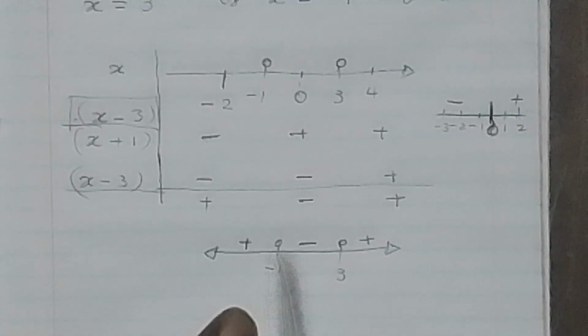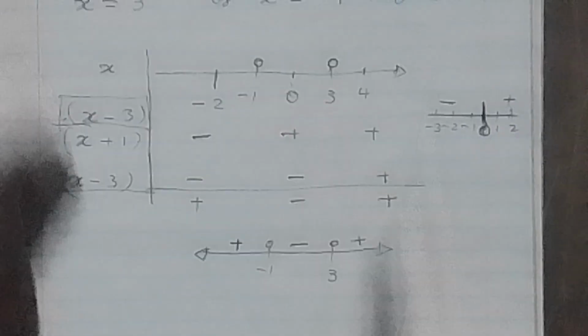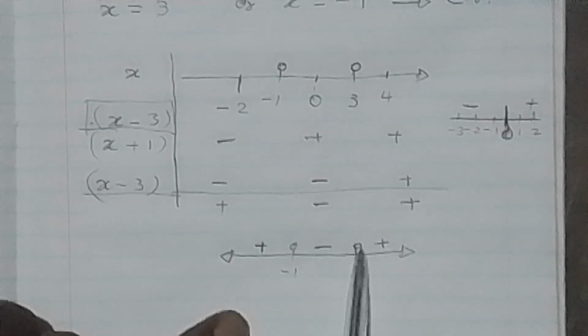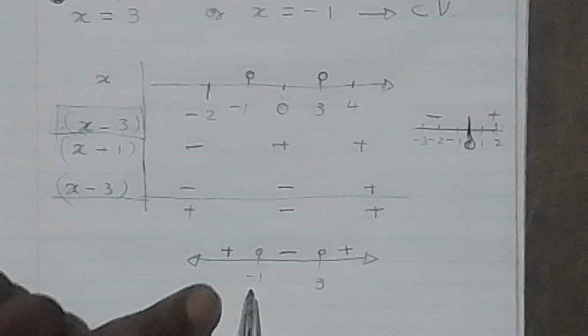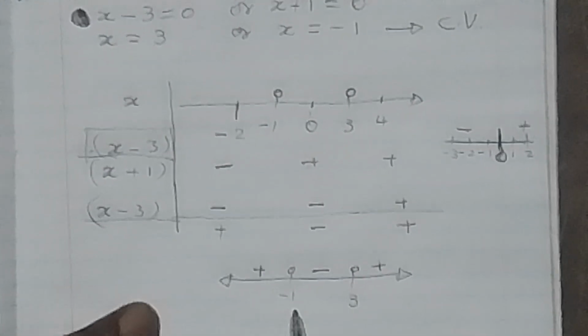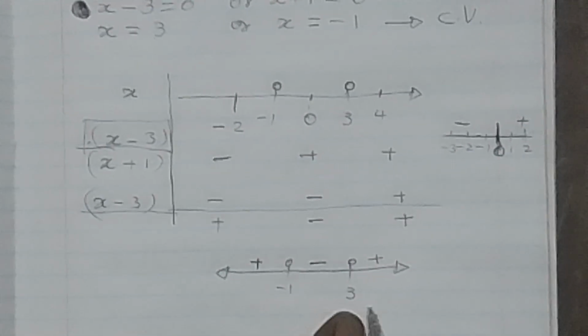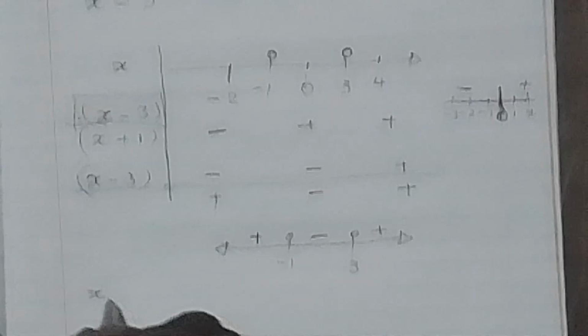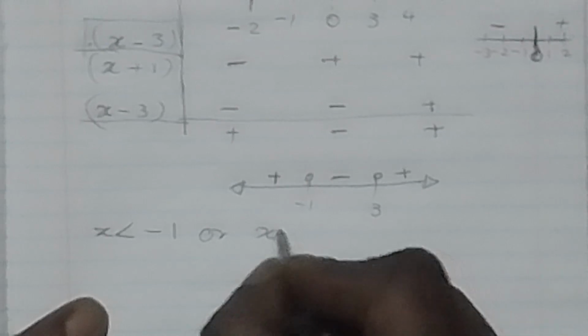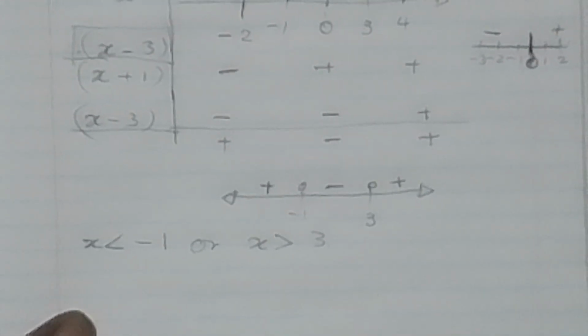So the numbers that are not applicable in this condition are negative. So x does not lie between minus 1 and 3. It lies between negative infinity to minus 1 and 3 to positive infinity. So your x is less than minus 1, or your x is greater than 3.